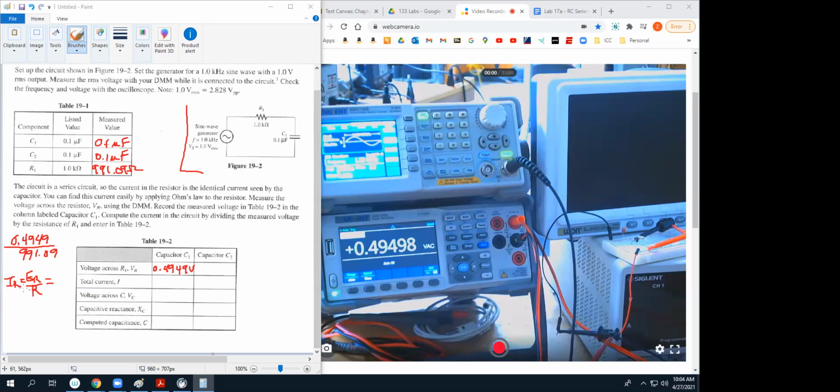So this is the current through the resistor, which equals the total current, right? Because it's a series circuit.